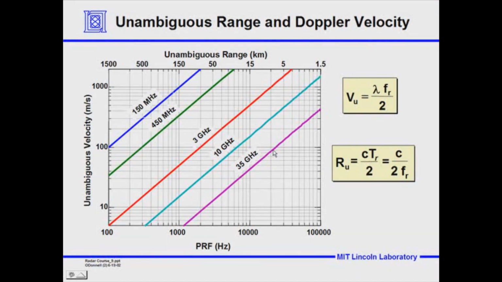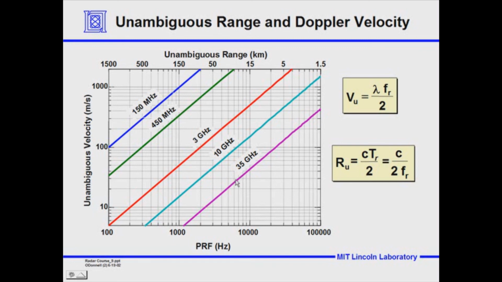So for each frequency band of radars that we talk about, and here we picked a particular frequency within each of the major bands, and there are other bands too. I haven't put L band in here at 1.35 or C band, which is halfway between 3 and 10 gigahertz.